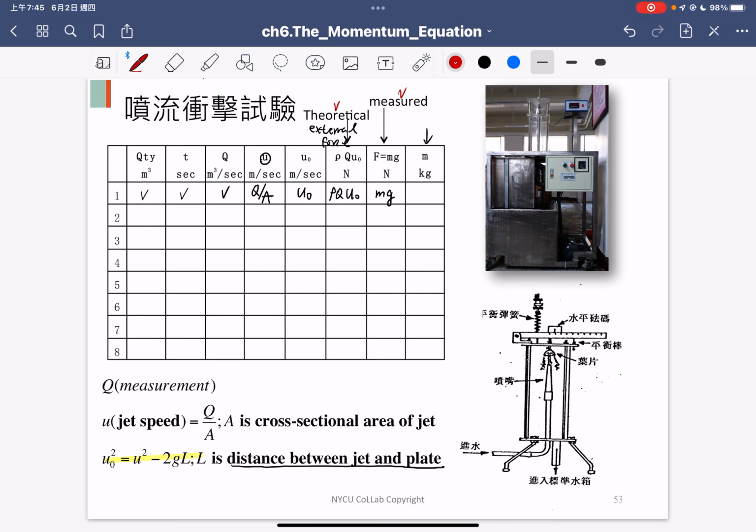Okay, the difference will be associated with the energy loss for this laboratory experiment. Okay, so next semester we have several laboratory experiments, and then we can remind you how theoretical fluid mechanics ideas can be applied to the real case.